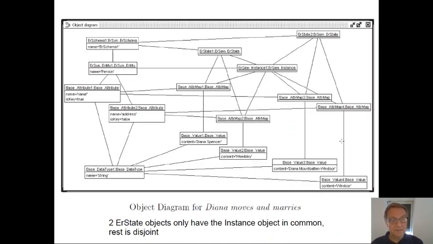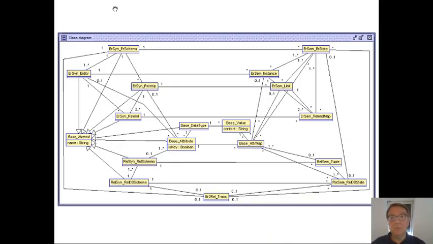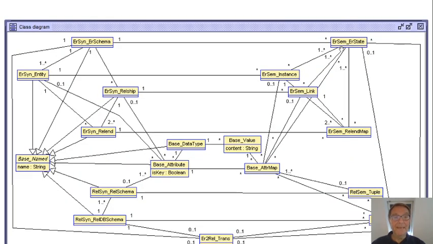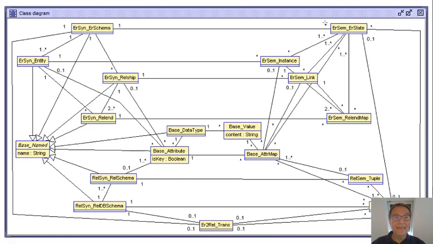These two examples are the main motivation that an ER schema can be associated with many ER states. So over time, the ER state changes, and therefore one ER schema can be associated with many ER states.